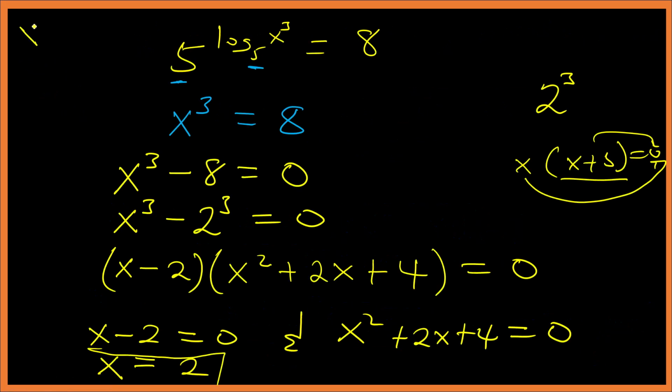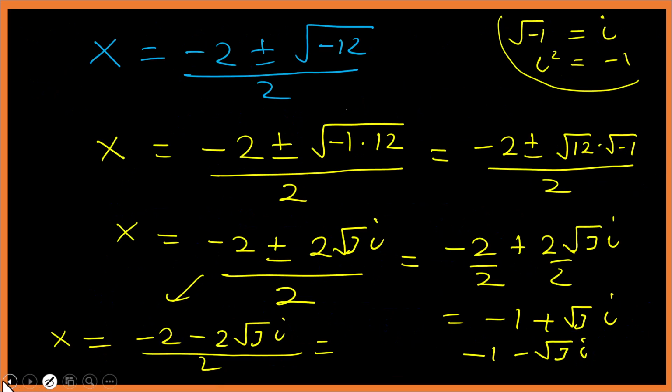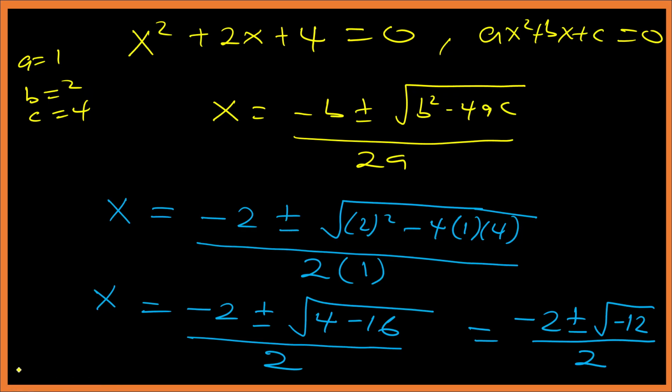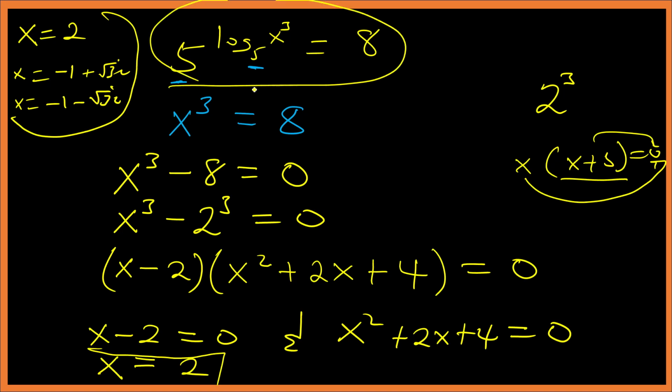So x equals 2. Then we have -1 plus root 3 i. Then we have -1 minus root 3 i as solutions to this question.